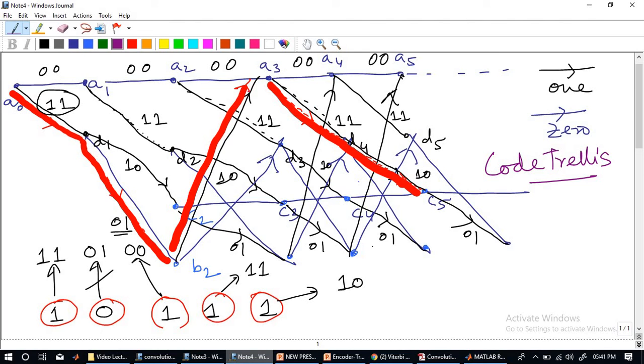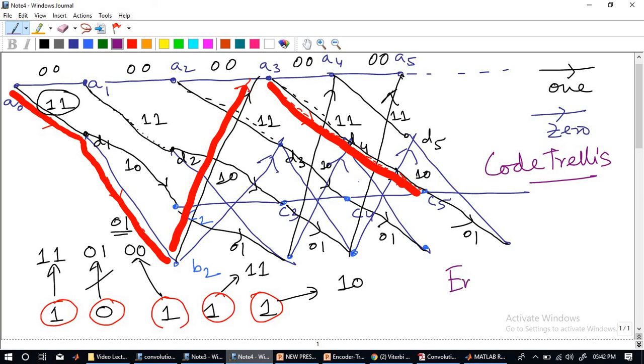Because when we are doing the Viterbi, there should be some kind of decoding process. So given this 110100 or 1110, you have to trace back from right to left. In this case, encoding, we are going from left to right. Please note this down.